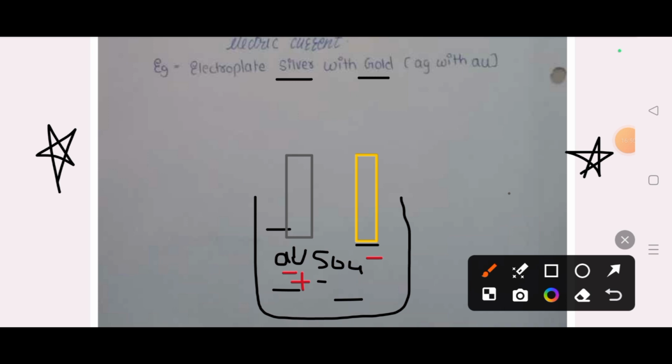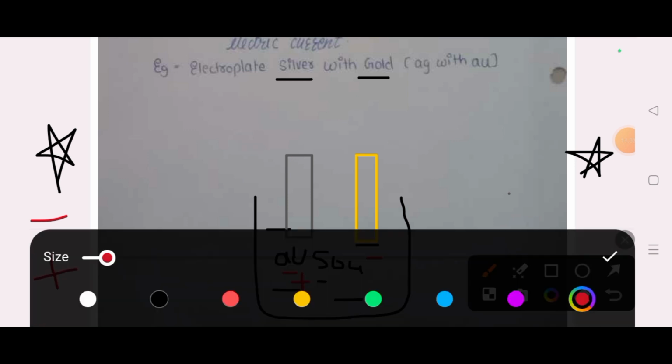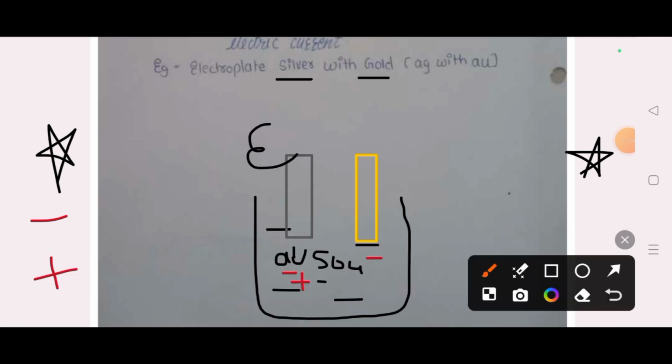So if this gold is positive, then silver should be negative. This silver should be connected to the negative terminal of the battery. And of course, if the silver is negative, then by default the positive one is this gold strip.